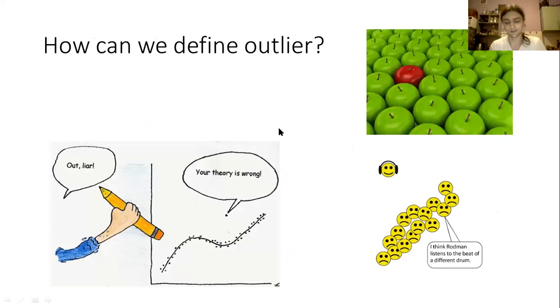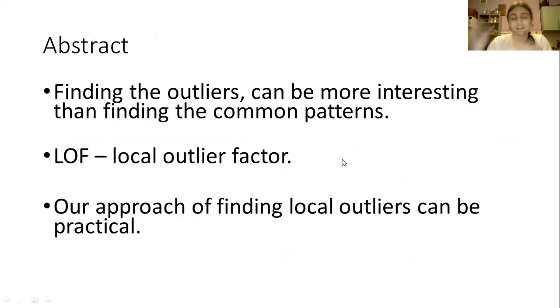And as examples, we have a red apple instead of green apples, this funny emoji and a crowd of sad people, and this point so far from the other set of points. In the study of databases, finding the outliers can be more interesting than finding common patterns of objects in a dataset.